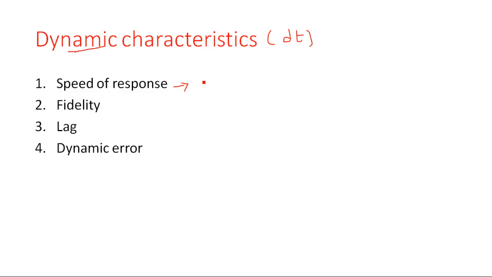Suppose the instrument is not responding immediately and after 5 minutes it is switched on, then definitely we will not go for such instruments. So how much time the instrument takes to respond to the input value, that is the speed of response. Whatever the input that we are applying, the instrument should respond immediately, without any delay. That is nothing but speed of response.